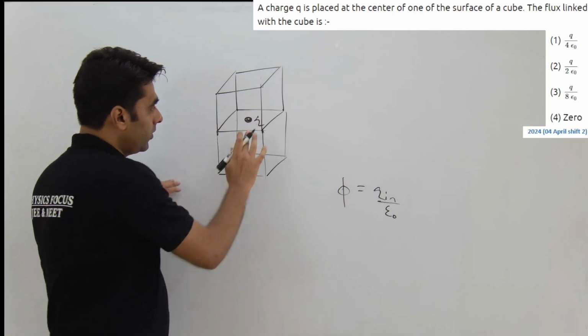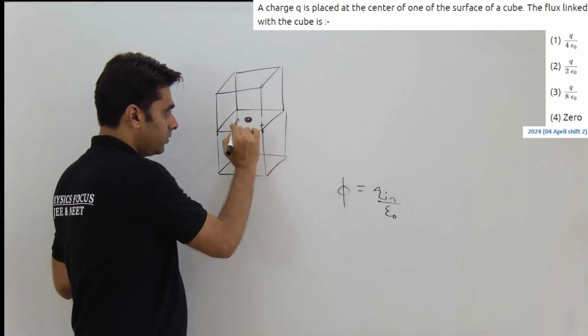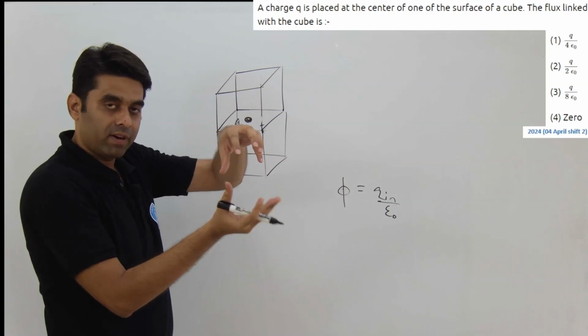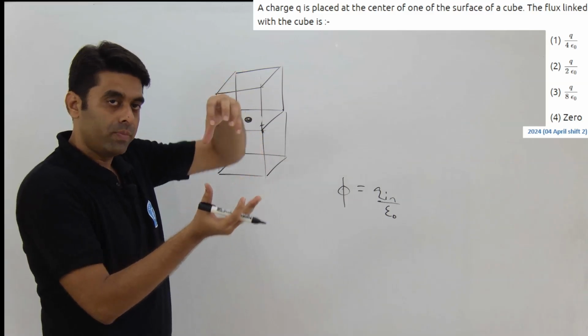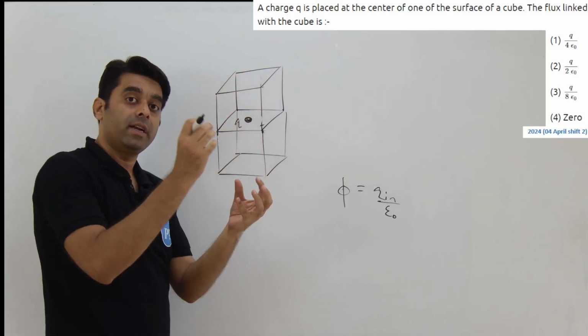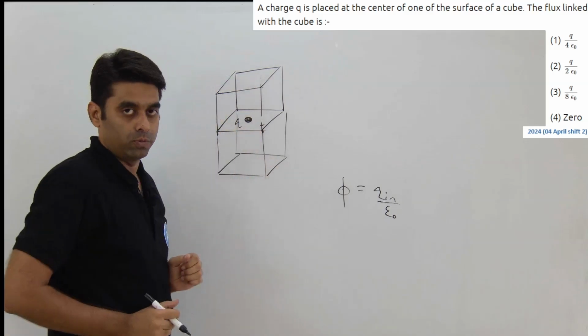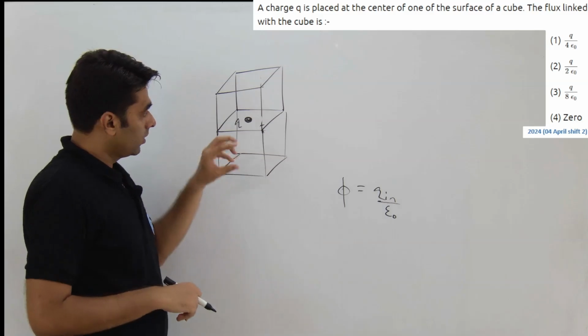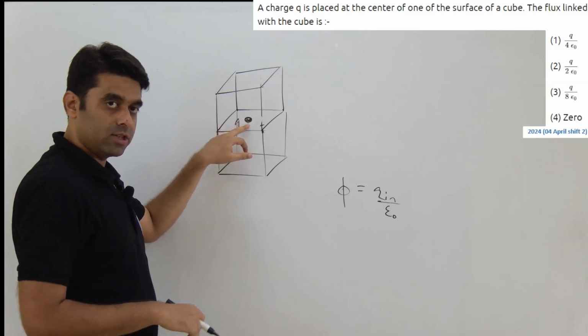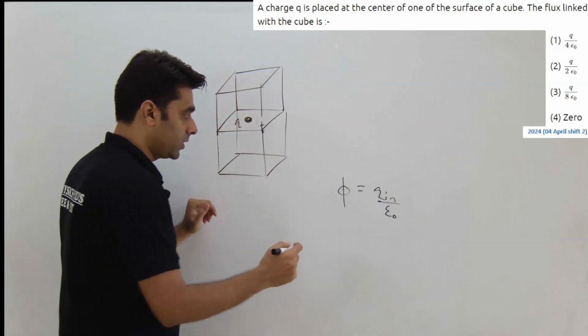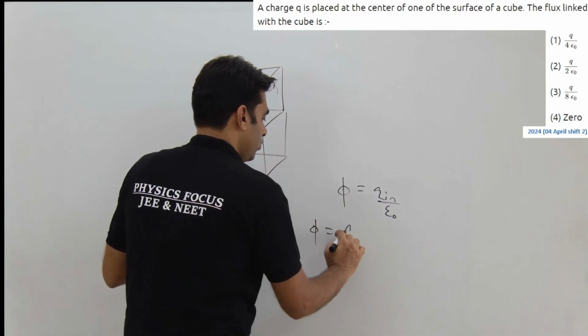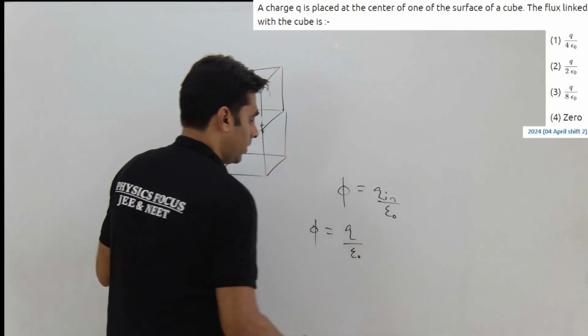Now if you notice carefully, this charge q which was on the surface, when we consider another cube at the top, is now placed symmetrically with respect to these two cubes. So the total flux produced by this charge in these two cubes will be q by epsilon naught.